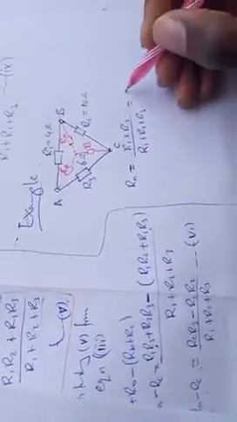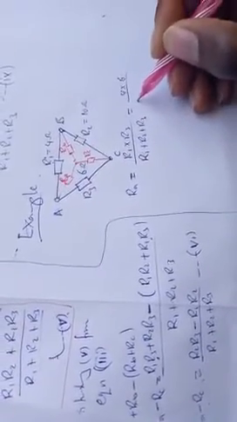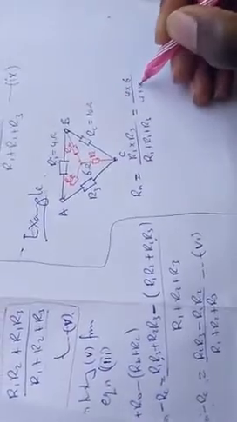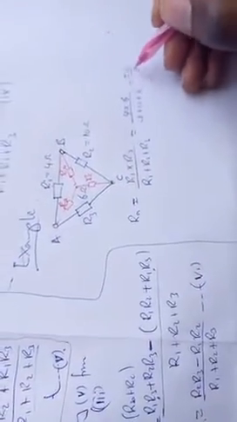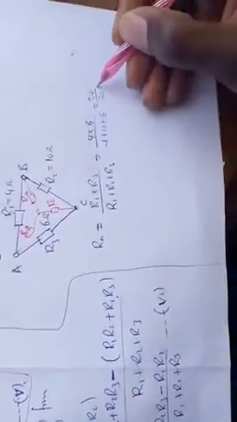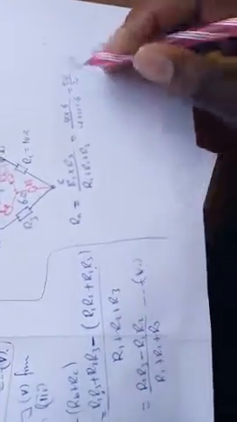It will be 4 by 6 over 4 plus 10 plus 6. That is 24 over 20, which gives 1.2 ohms.